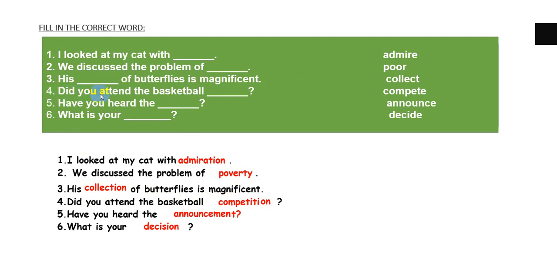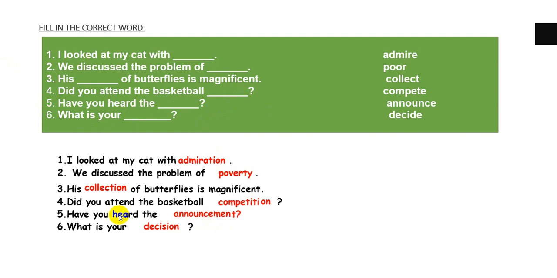Number 4, did you attend the basketball compete? No. We can't use a verb at the end of the question. Did you attend the basketball? Can you guess? Yes, competition. Number 5, have you heard the announce?